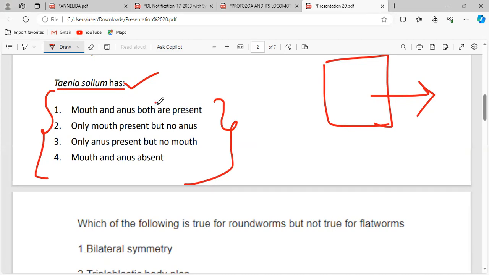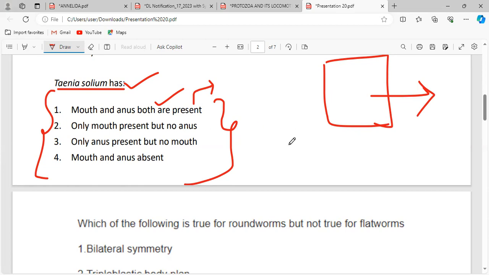Mouth and anus both are present, so we can say it is a complete digestive system. And which option refers to the incomplete digestion?